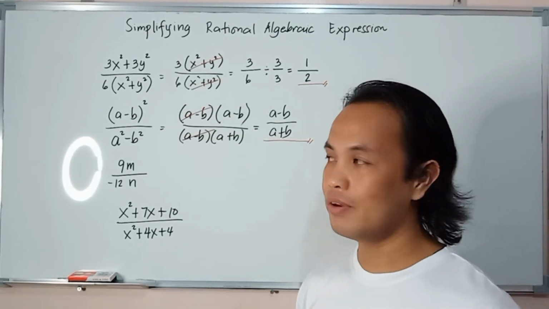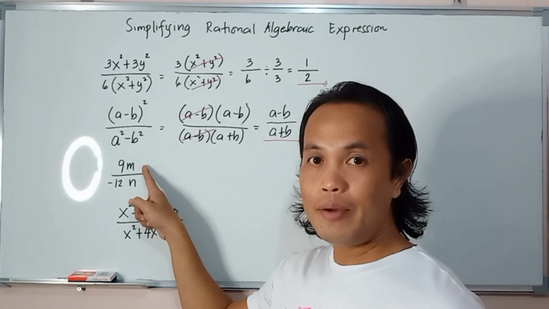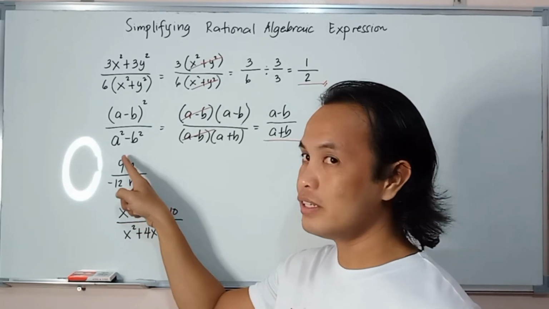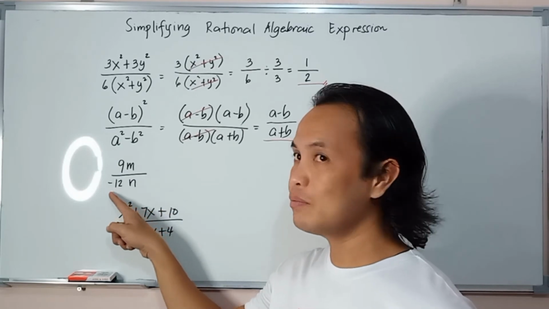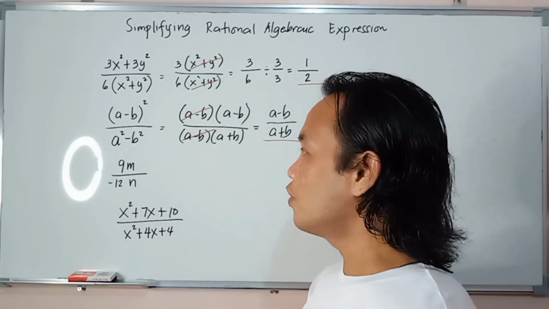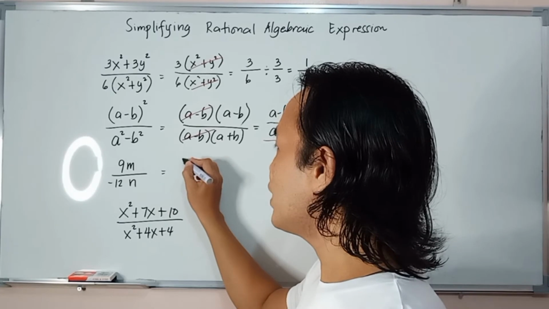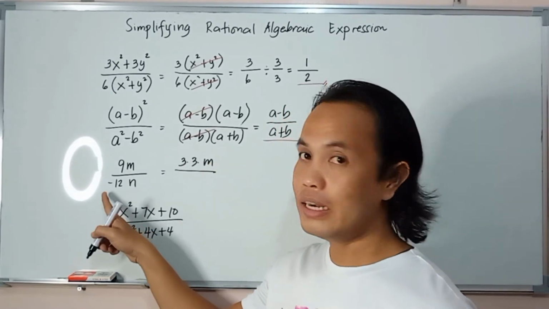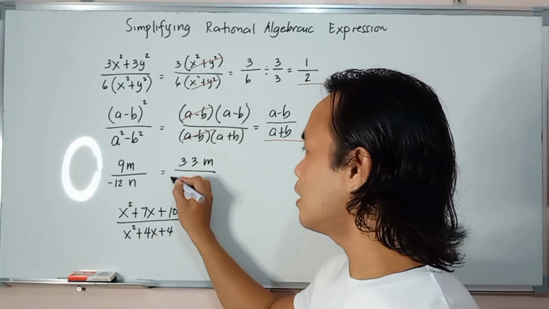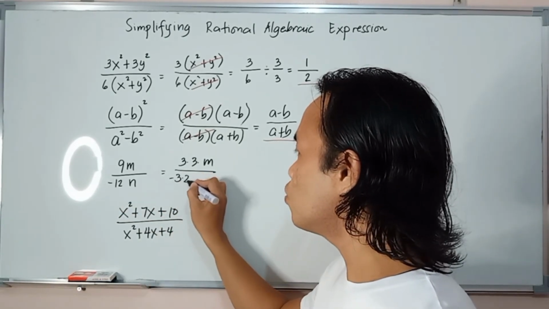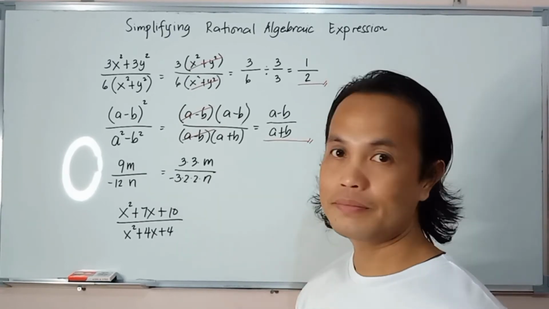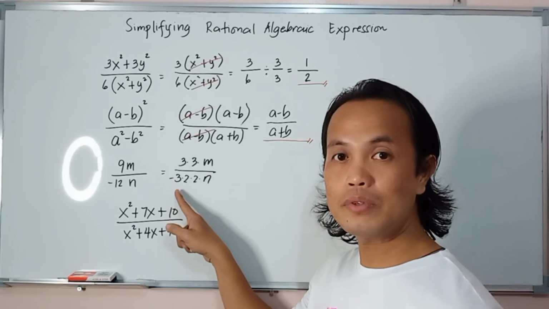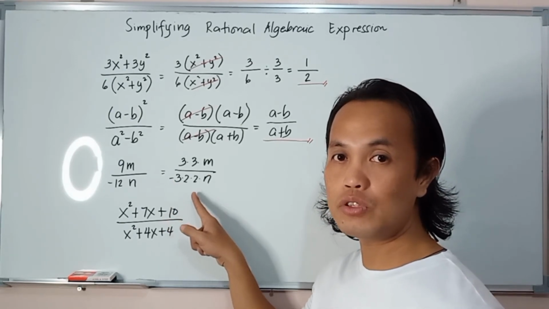Okay, another example. You have 9m over negative 12n. So 9m is a monomial, and negative 12n is another monomial. So 9m can be factored by writing 3 times m, over the negative 12, which can be written as negative 3 times 2 times 2 times n. Since this is negative, negative 3 times 2 is negative 6, and negative 6 times 2 is negative 12.